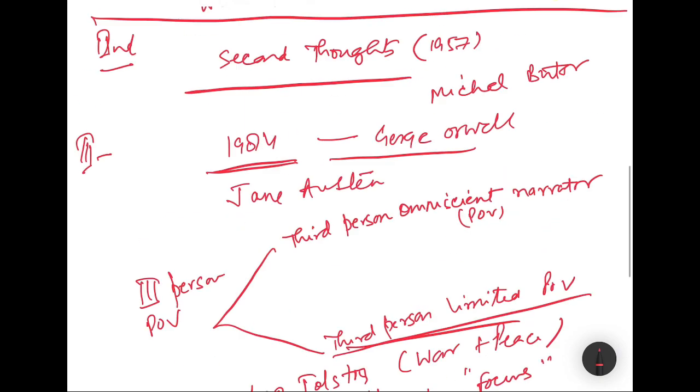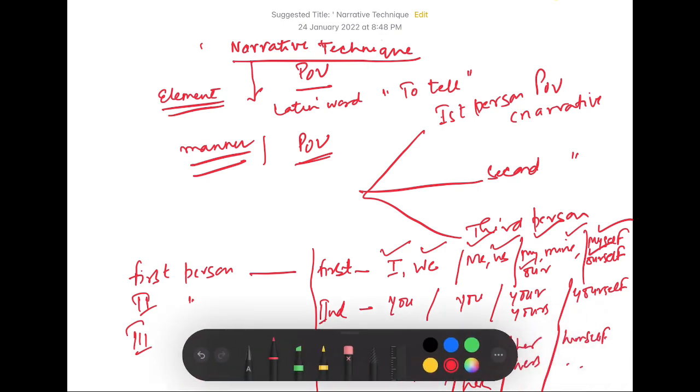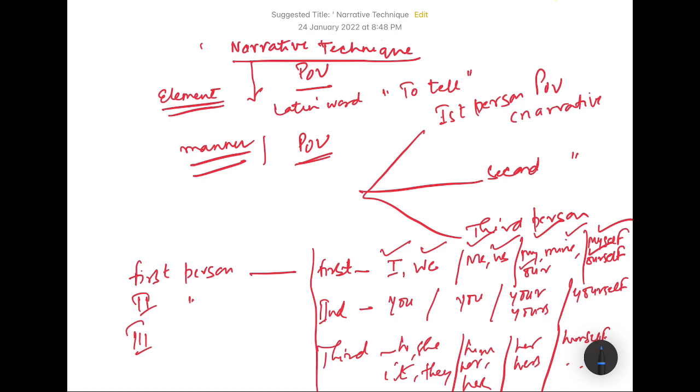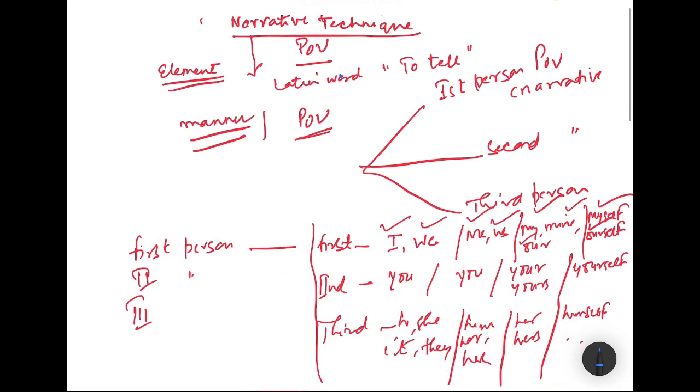So, what you have learnt in this lecture: I told you about narrative technique, what basically narrative technique is. I told you about points of view, what points of view are, and it is like POV. I told you the Latin word.